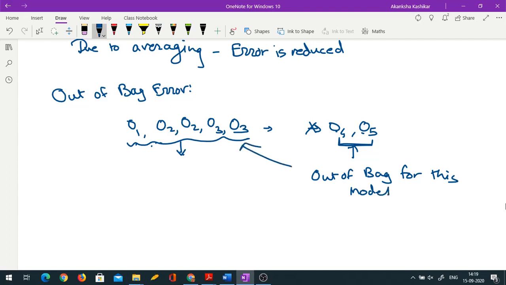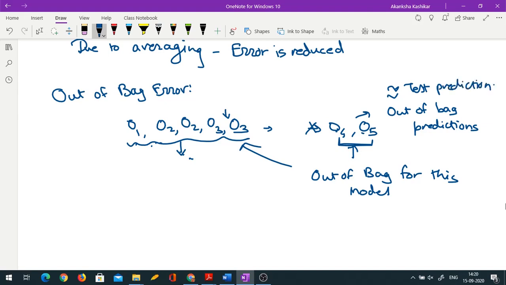If I predict O4, O5 on the basis of this model, then they are known as out of bag predictions. And as you can see, it is similar to test predictions because O4, O5 were not involved in fitting the model over here. Hence, they are similar to test predictions.